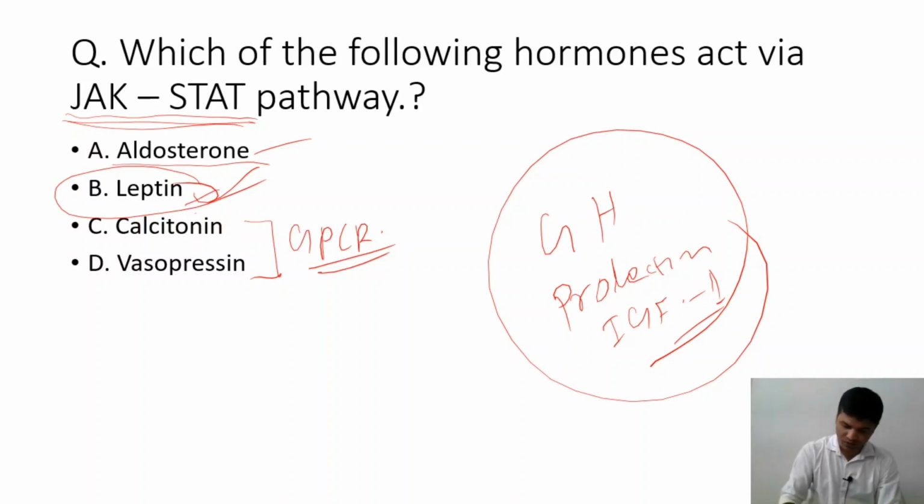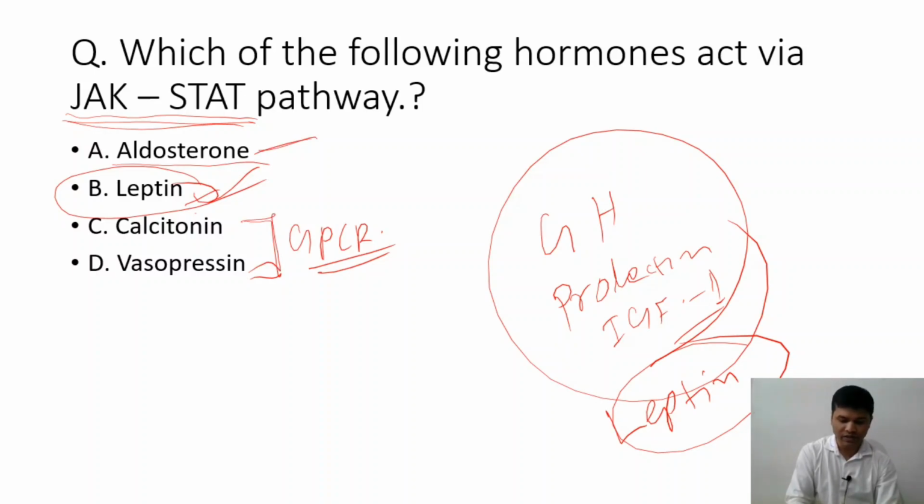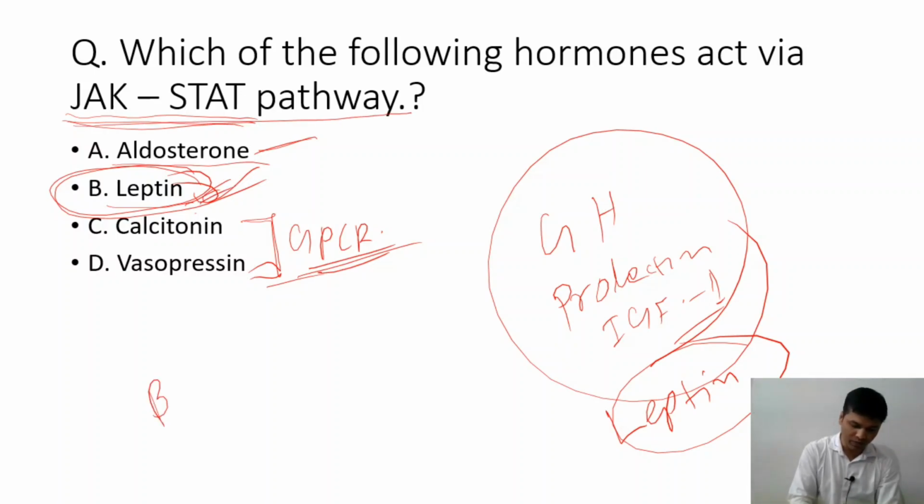Aldosterone is intracytoplasmic, and calcitonin and vasopressin act through G protein coupled receptors. So your answer for the JAK-STAT pathway is leptin. B is the answer, leptin will be your answer.